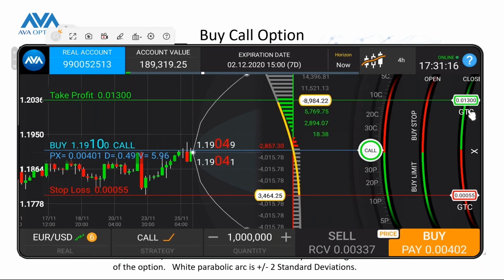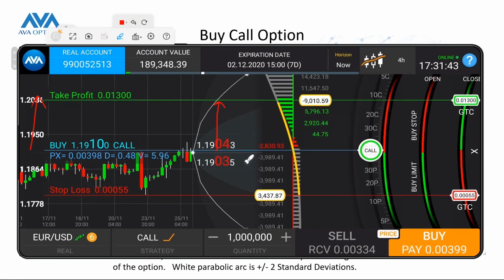I've got a 90 pip profit, but this is going to happen if spot goes from 119.05 to about 120.36. So the market is going to move up 130 pips, right? The market's going to go from here to here. That's about 130 pips in order to make 90 pips of profit. I'm not making 130 pips of profit.